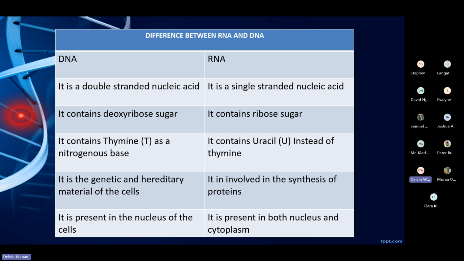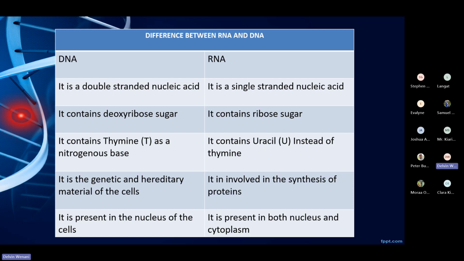Number 2, DNA contains deoxyribonucleic acid, but the RNA contains ribose sugars. This one contains deoxyribose, RNA contains ribose sugar. From its abbreviations, DNA is deoxyribonucleic acid and RNA is ribonucleic acid.